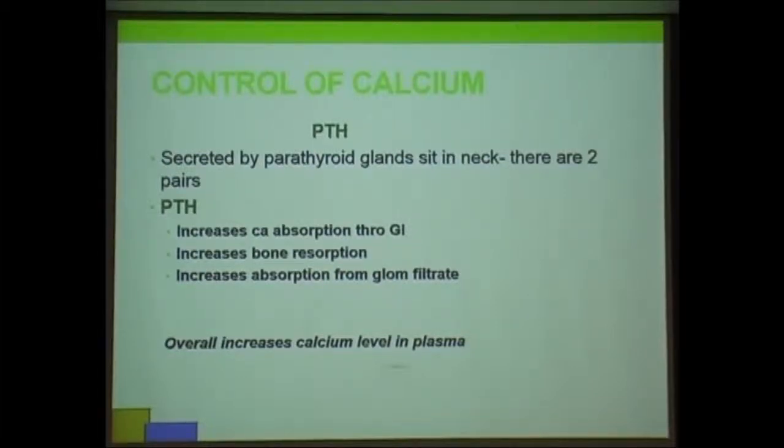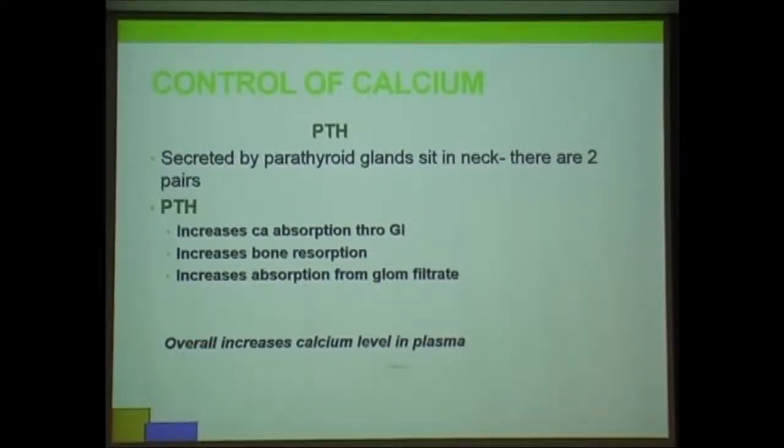It increases bone resorption, so that something comes from the bone into the blood, and it reduces calcium excretion through the glomerulofiltrate. So, by all these three mechanisms, it restores the plasma calcium level.